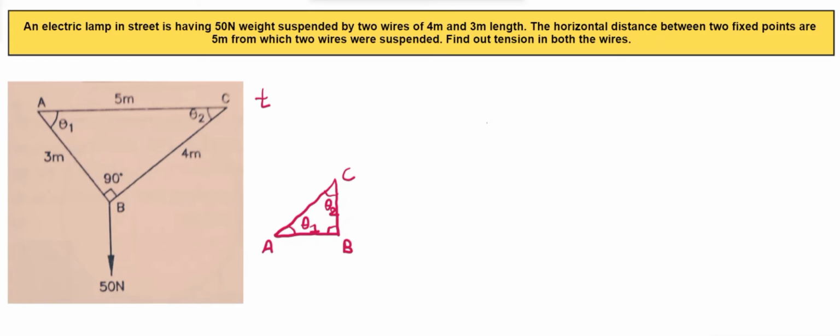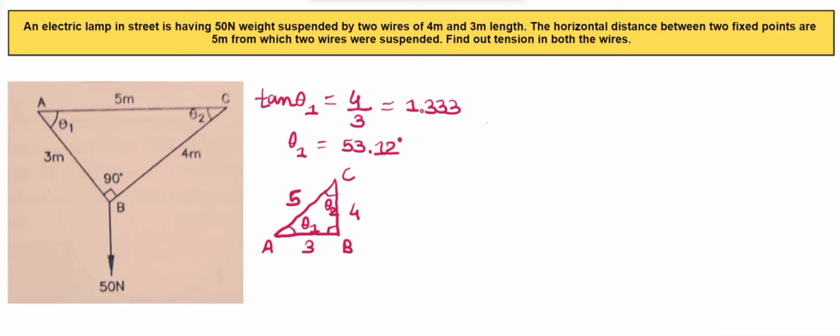Now we'll just find the angles. Tan theta 1 will be equal to, let me just write the length of all of these sides, which is 5, this is 4 and this is 3. So tan theta 1 will be equal to opposite upon adjacent, which is 4 by 3. From this we'll find our theta 1. Tan theta 1 is equal to 1.333 and theta 1 will be equal to tan inverse of 1.333, which is 53.12 degree.